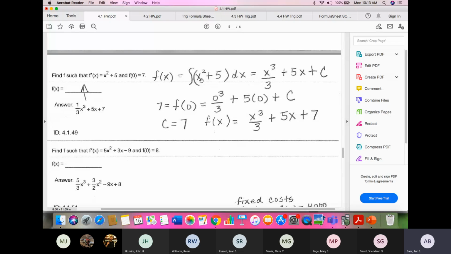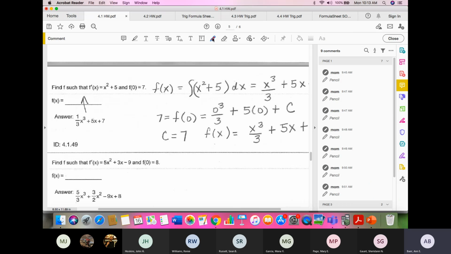So if we want, we can integrate term by term. You don't have to break it apart if you don't want to. The integral of all antiderivatives of x squared, we add 1 to the exponent, divide by that new exponent. And then we have a plus sign. And then we write down the 5, and there's really an understood 1 here.